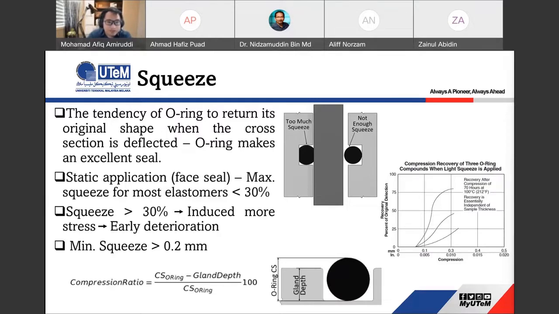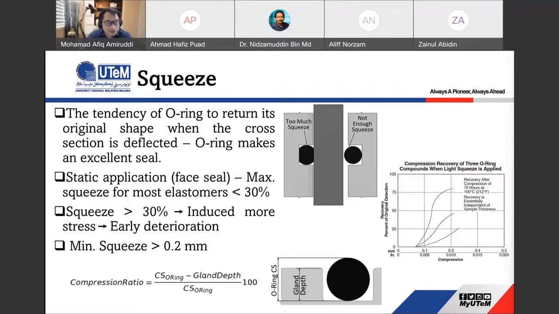Squeeze is very important actually. Too much squeeze will damage the O-ring, but not enough squeeze will give some leakage to the application, so the material will go out through this gap. The tendency of the O-ring to retain its original shape when the cross-section is deflected makes an excellent seal. For our case, static application for face seal, maximum squeeze for most elastomers is less than 30%.